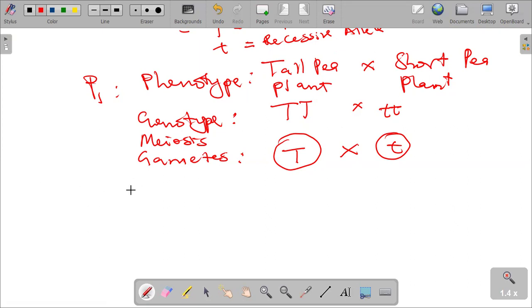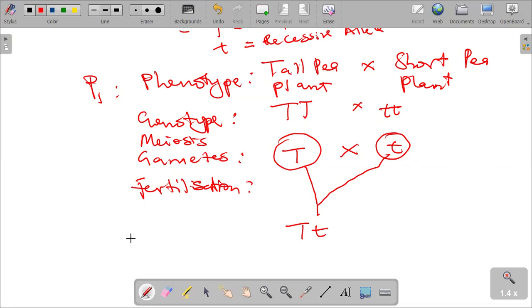Having that, fertilization must occur. Fertilization, as you all understand, is the fusion of the two gametes, which gives us a heterozygous Tt.